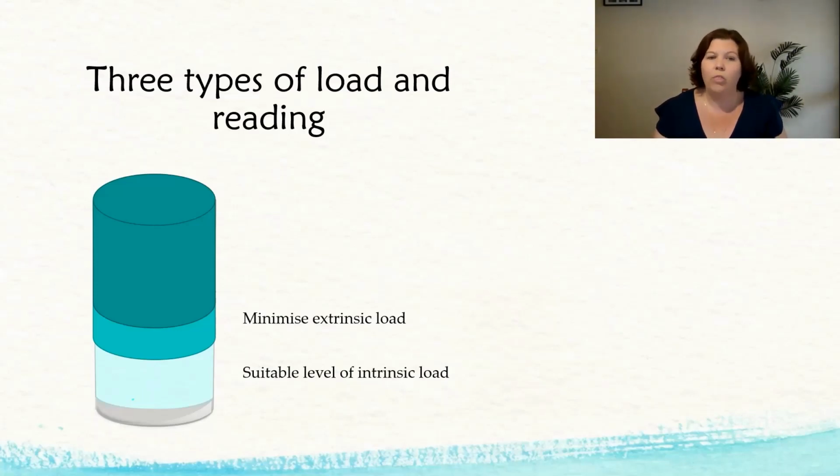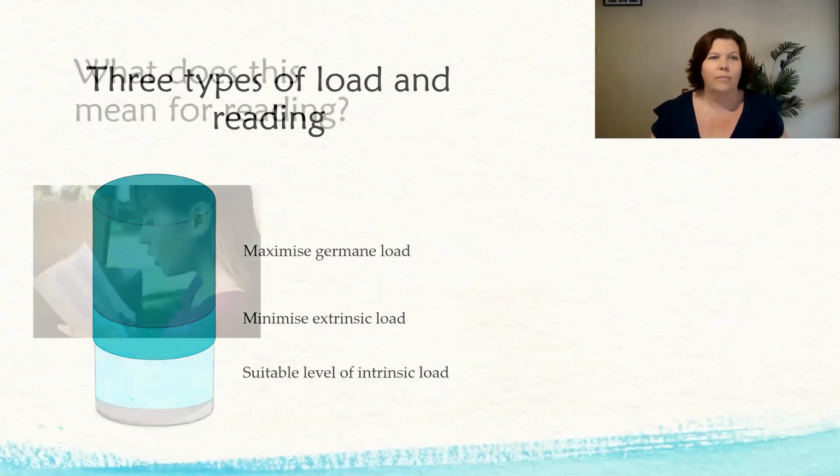We don't want that. We want those things to be minimized and suitable so that we can have a really big germane load. We can maximize those opportunities for children to learn well and be comfortable and work to mastery. And we saw from that last video about effective reading intervention that we need to give children opportunities for mastery.